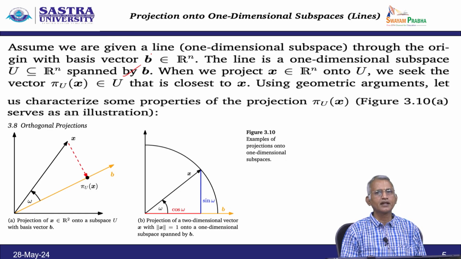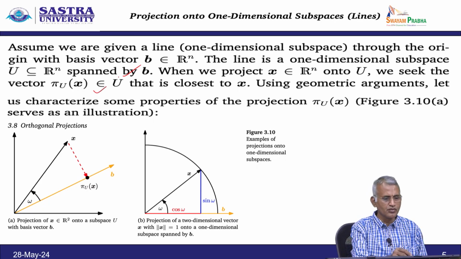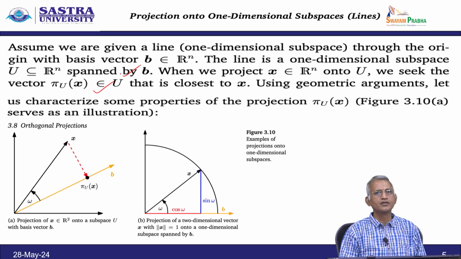When we project x in R^n onto U, we seek the vector pi_U(x) belonging to U that is closest to x. Using geometric arguments, let us consider the characteristic properties of the projection pi_U(x), as shown in figure 3.10(a), which serves as the illustration.